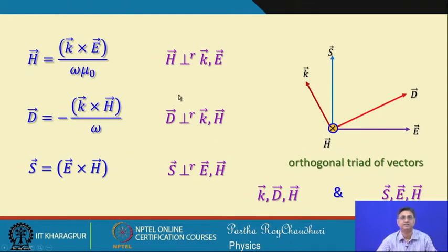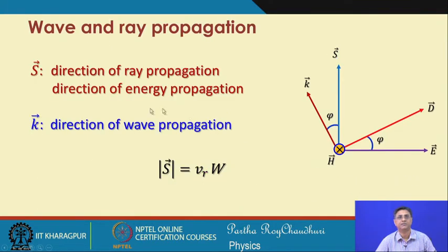So, to summarize, H is perpendicular to k and E, D is perpendicular to k and H, S is perpendicular to E and H. So, you have k, D, H as one set, and you have S, E, H as another set.